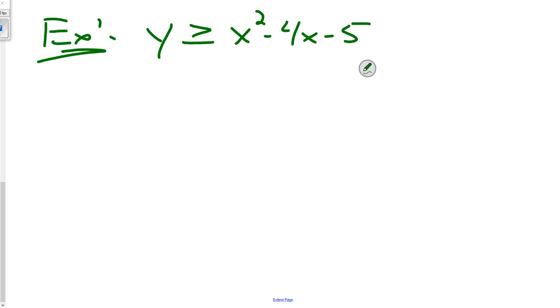Now this one is a bit more of a pickle. This is in standard form. So for this one, I'm going to factor.